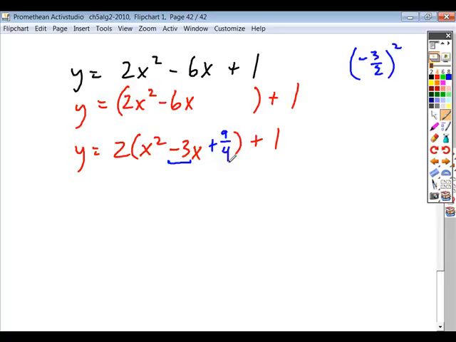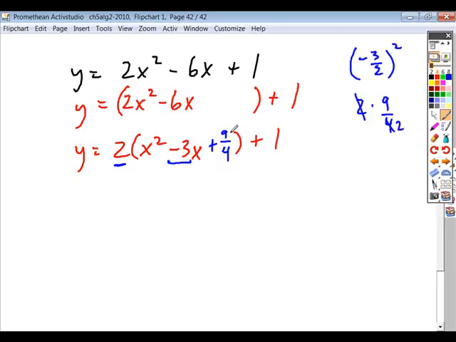And now, in order to balance this equation, here's where the complexity, that extra step of complexity comes in. I didn't really just put a 9/4 into this equation. I put a 9/4 times what? 2. So when I balance the equation, I have to take into consideration this multiplier out front. So what is 2 times 9/4? 18/4, or, so again, if you think of 2 times 9/4, the 2 and the 4 cancel, leaving 9/2.